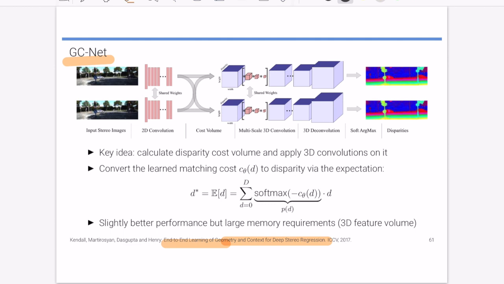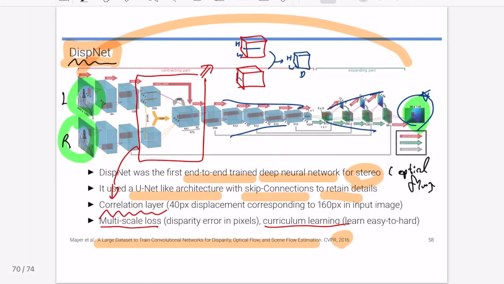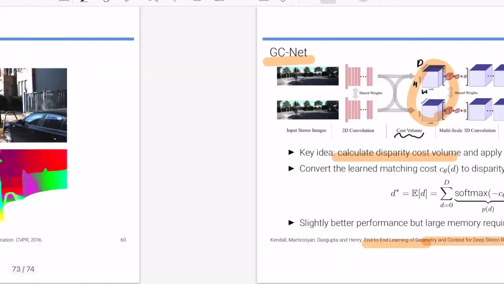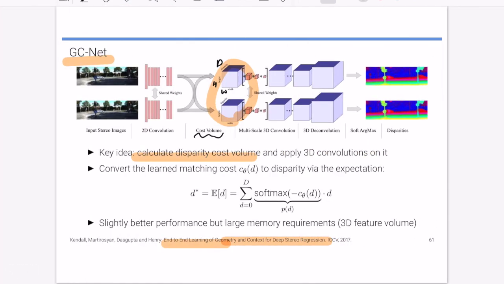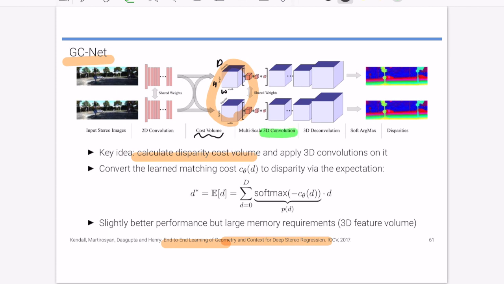In GCNet, we calculate the disparity cost volume. Similarly to DispNet, this is going to be a cost volume whose size is H by W by T, for example. Then, rather than considering just 2D convolution, in GCNet they started to use 3D convolution.